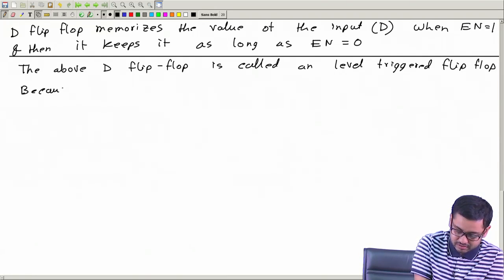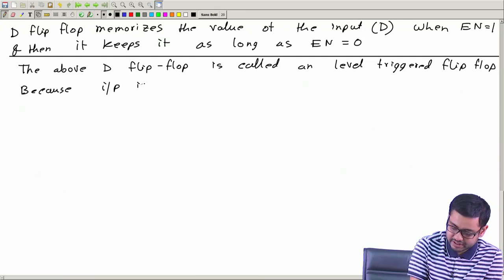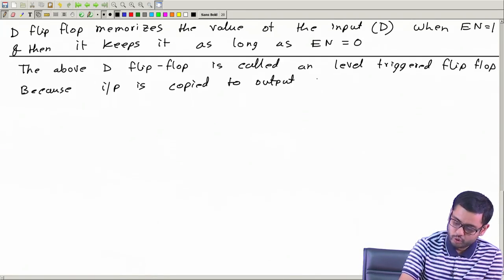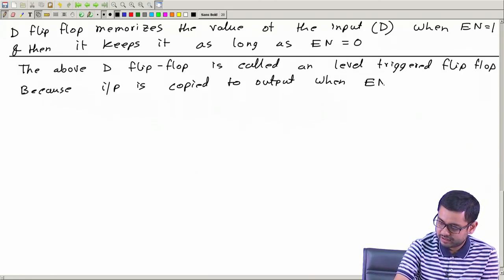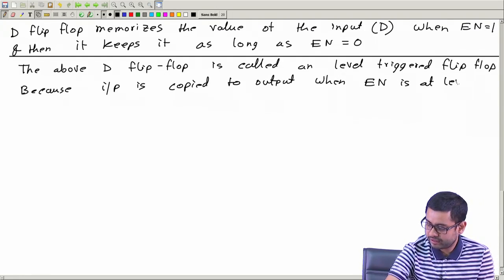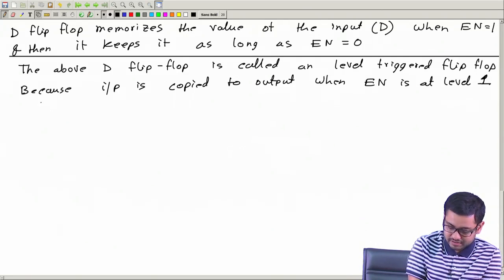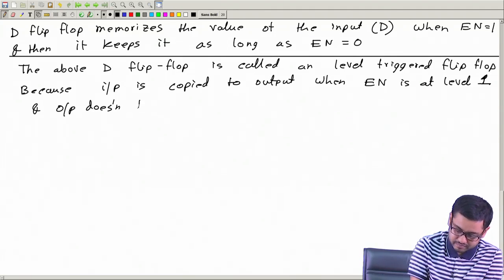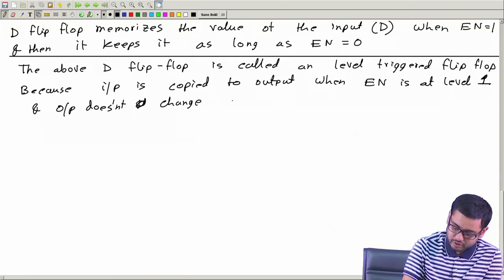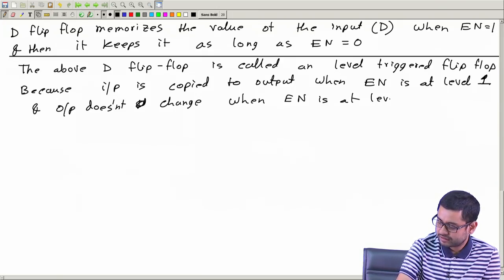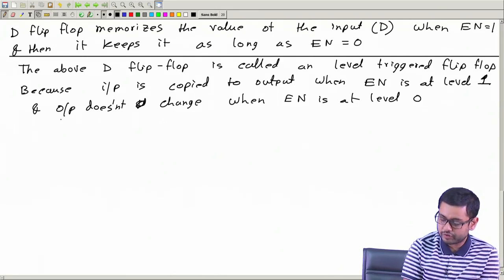Because input is copied to output when enable is at level 1, level high, and output does not change when enable is at level 0, no matter what the value of D is.